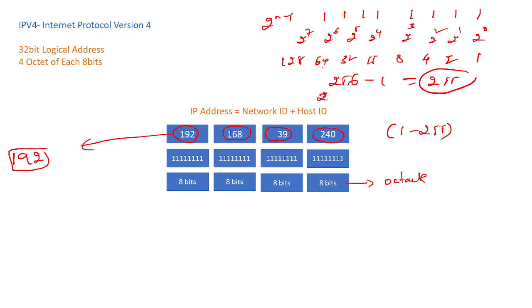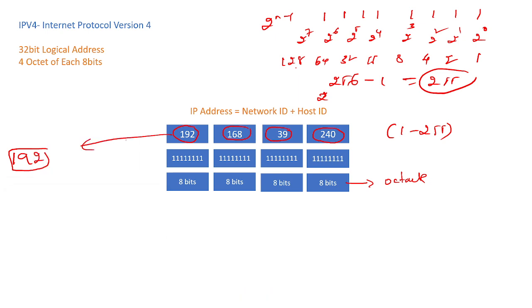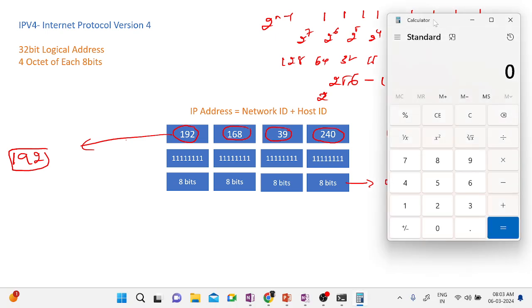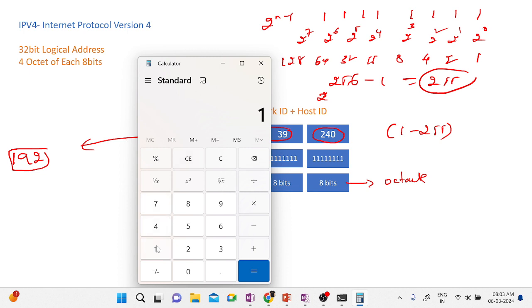You need to take numbers which, when you sum them, give 192. So we already have 128, and if I sum 128 and 64, I'm getting 192.